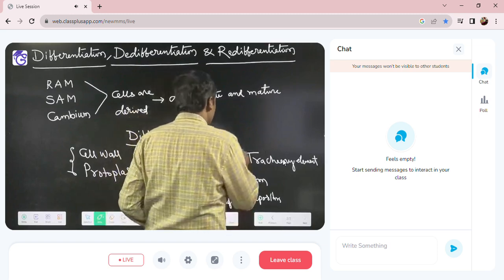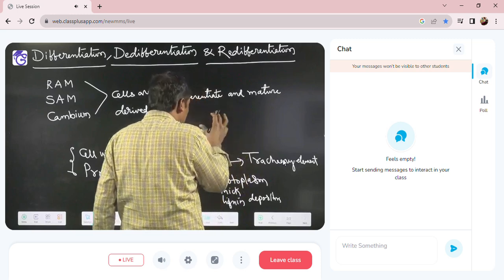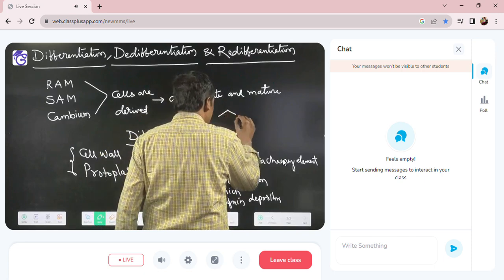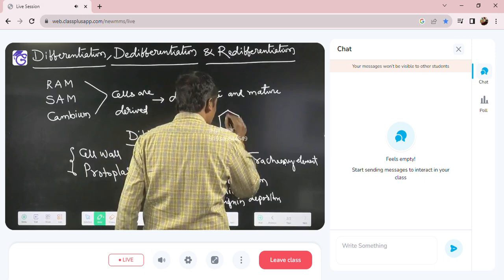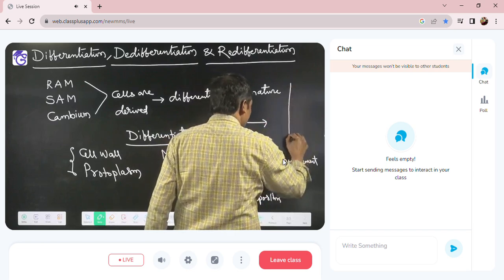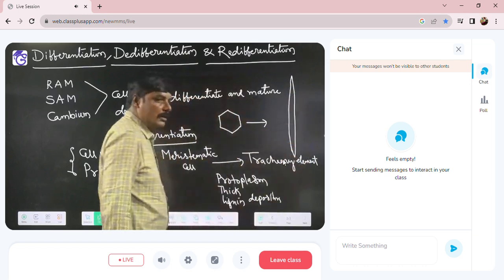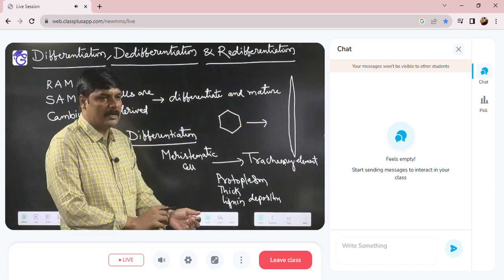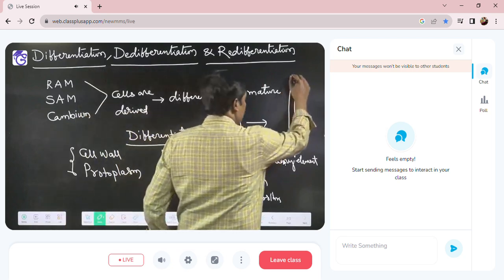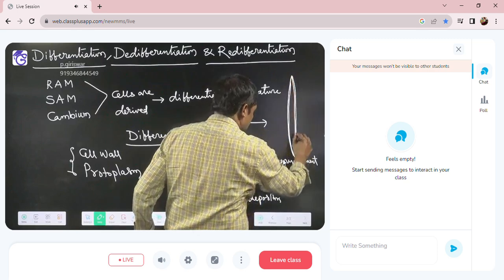And finally, one cell that is spherical, more or less isodiametric, is a meristematic cell. This isodiametric meristematic cell changed into an elongated, spindle-like, tube-like cell with thick lignified walls and no protoplasm in the cell.